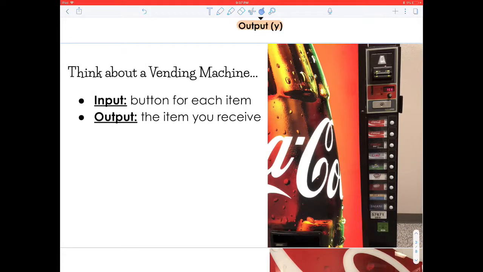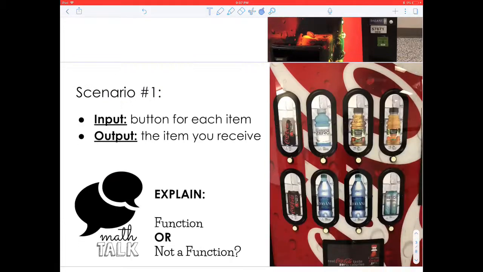Here's a typical vending machine. And if we say that our input are the buttons for each item. So here are our buttons on the side. And then our output is the item that you receive. So whenever it actually comes to you. Okay, so let's use that to think about these next couple examples.